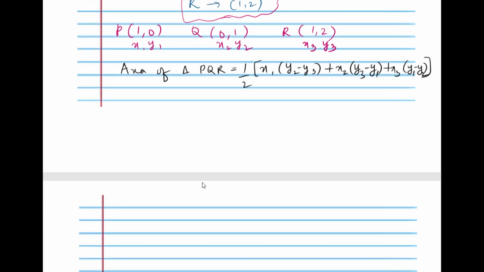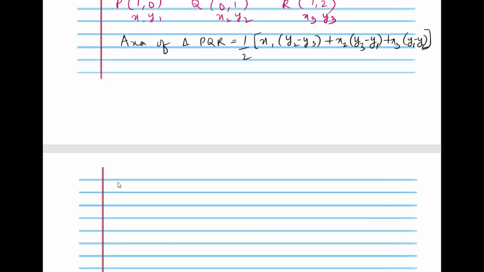Now just substitute the values. Area of triangle PQR equals half into [x1 is 1, y2 is 1, y3 is 2: 1 into (1 minus 2), plus x2 is 0 into (y3 is 2 minus y1 is 0), plus x3 is 1 into (y1 is 0 minus y2 is 1)].